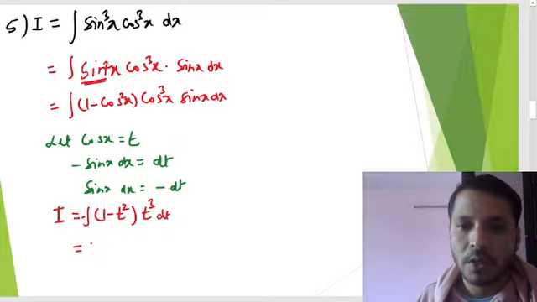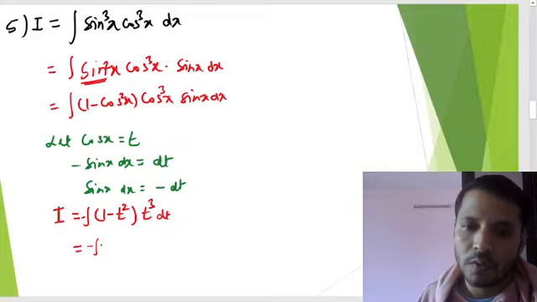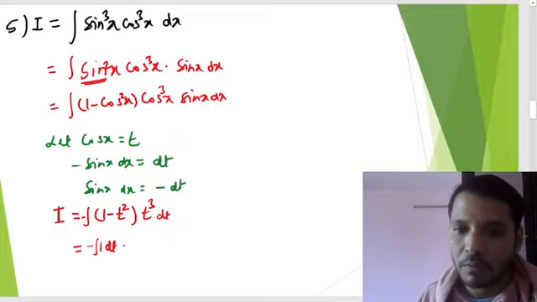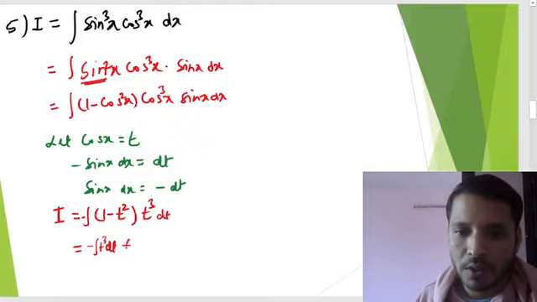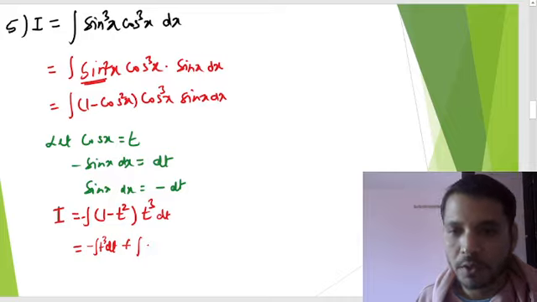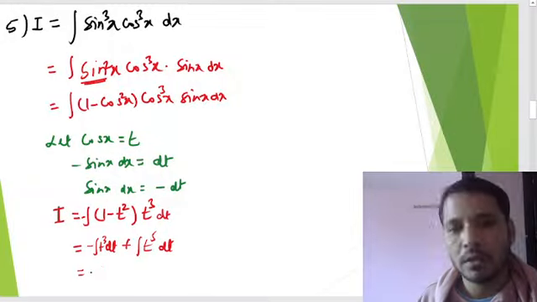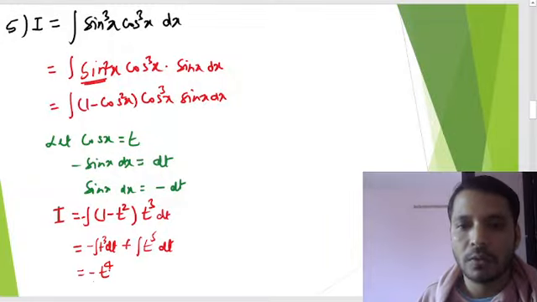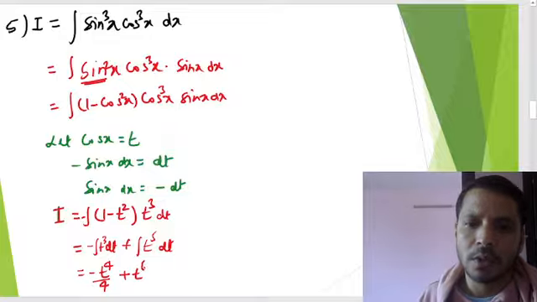Now we can integrate it very easily. It will become minus of 1 into t cube dt, and here minus minus will become plus, and t power 5 into dt. So finally we can write it as minus t to the power 4 divided by 4 plus t power 6 divided by 6 plus c.